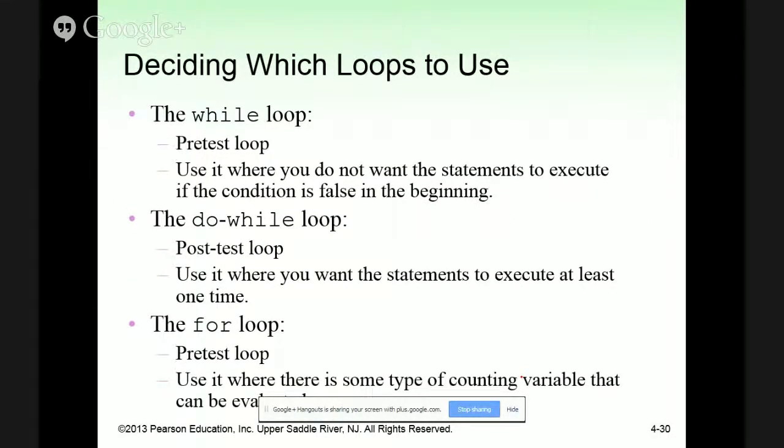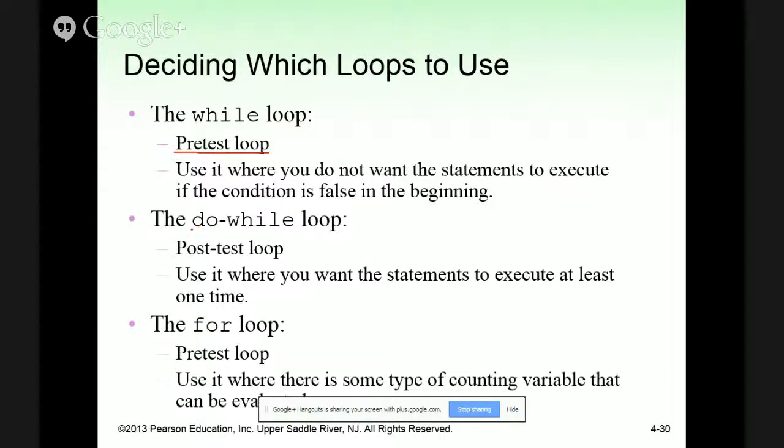So to recap, we learned about 3 types of loops: the while loop, the do while loop, and the for loop. They each have their different characteristics that determine when we should use which type of loop. So the while loop is a pretest loop. So we want to use that whenever we have a situation in which the statements may not execute at all, and that can happen.